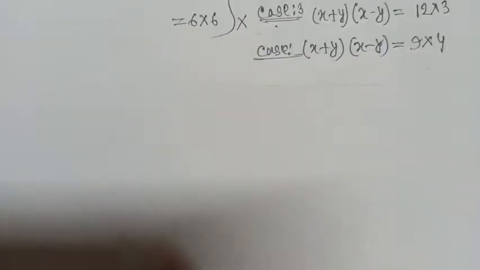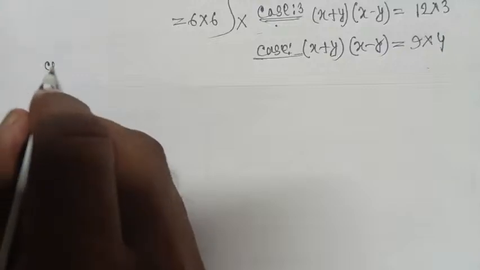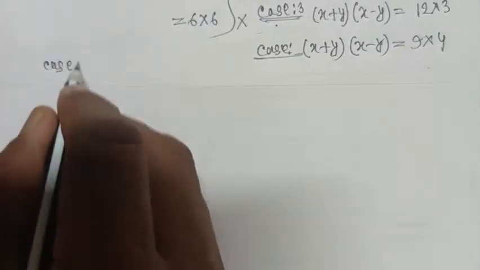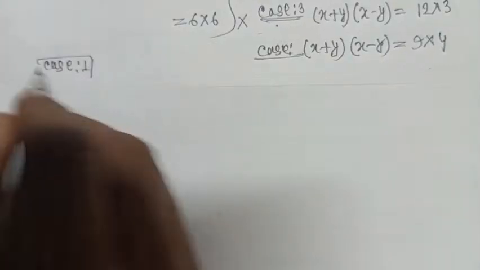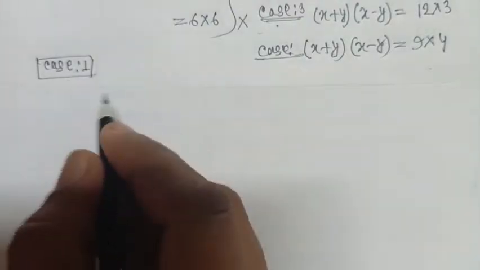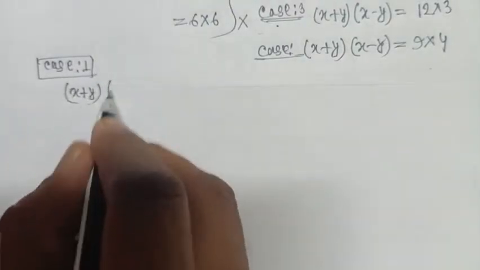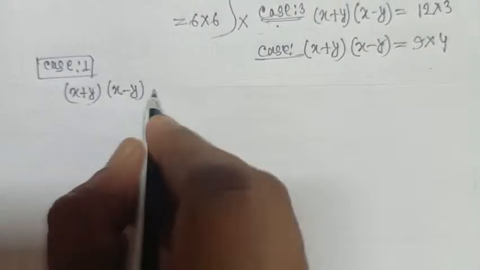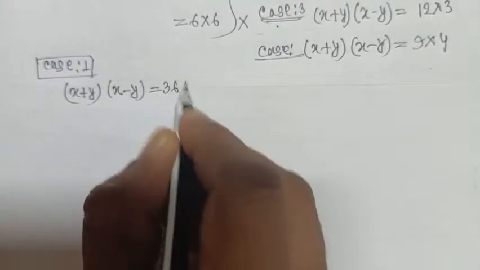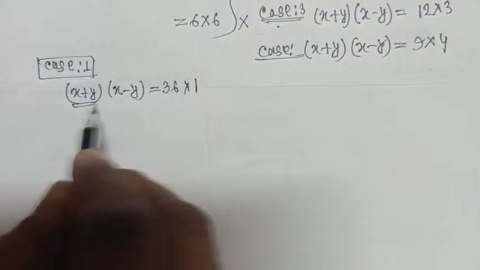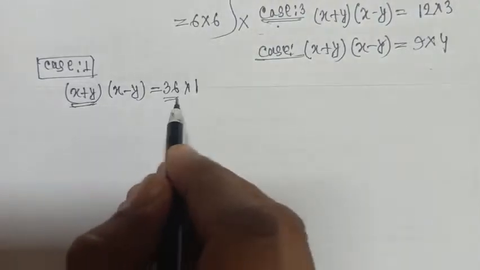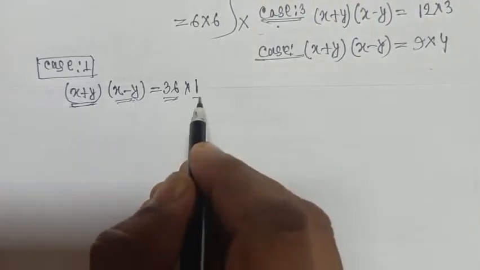Now we are going to take the case 1, where x plus y into x minus y is equal to 36 into 1. Now we compare x plus y as 36 and x minus y as 1.